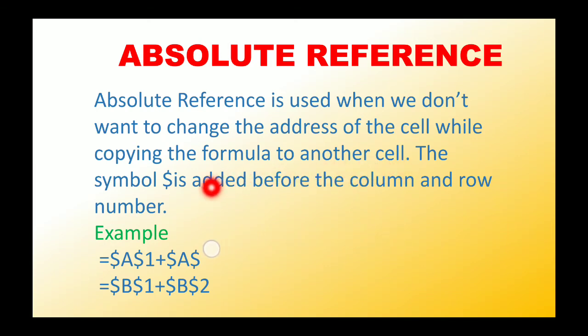So what to do to make the cells fixed or make it an absolute reference? We can use a symbol, the dollar symbol, which is used before the row and column. For example, you can see here this is an example.